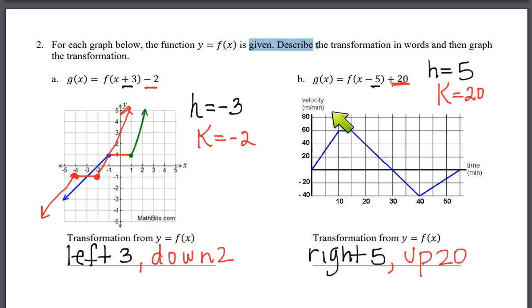So just always look to see how is your graph being scaled, because it won't always be graphed or scaled traditionally by ones. So I'm ready to go ahead and do my transformation. And again, I'm going to identify a couple of points here to help me do it. And I'm going to just transform a few of these points. So when I'm looking at this first one, I'm moving to the right 5, which is 1 and up 20.